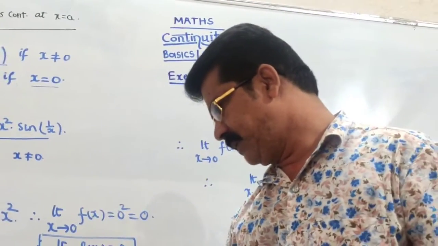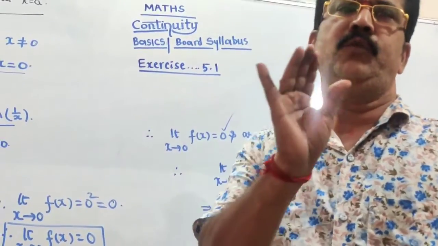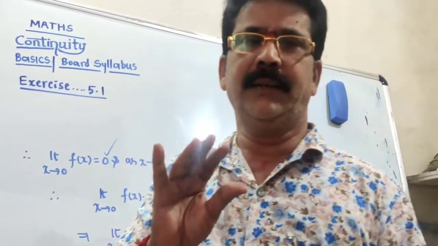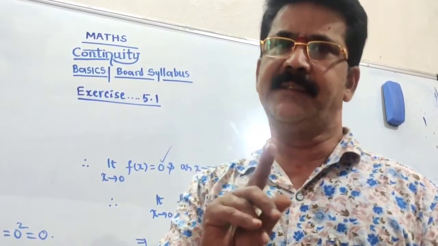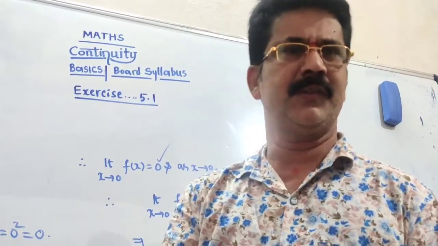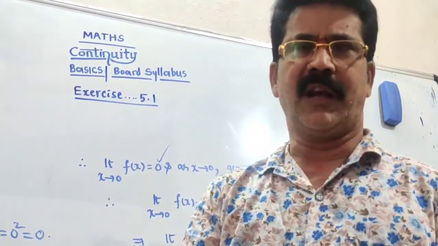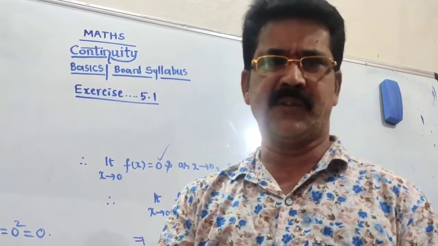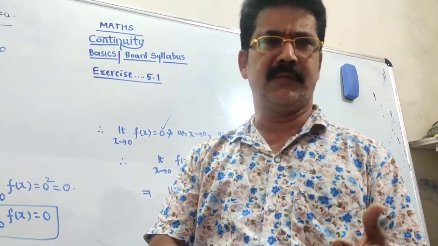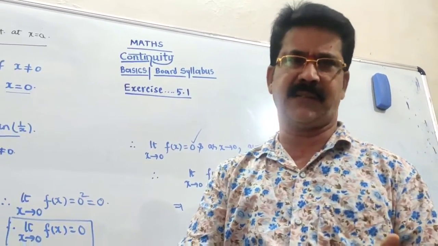In this topic, first you must be able to find whether the given function is an ordinary function or a special function. How can we find that the given function is an ordinary function? All trigonometric functions, inverse functions, polynomials, just like that.